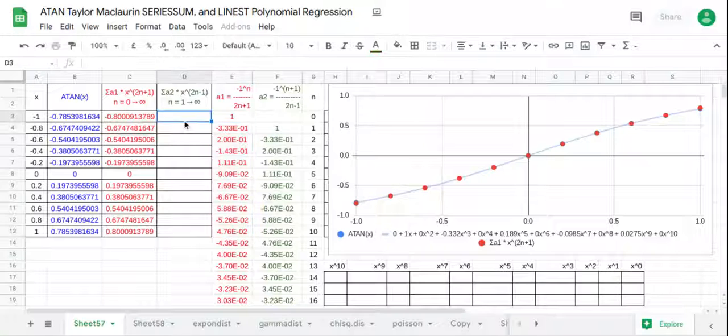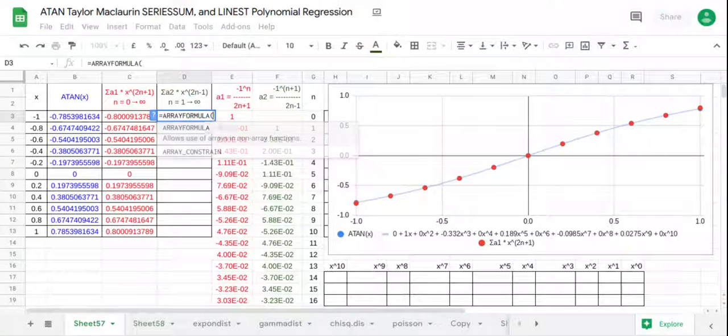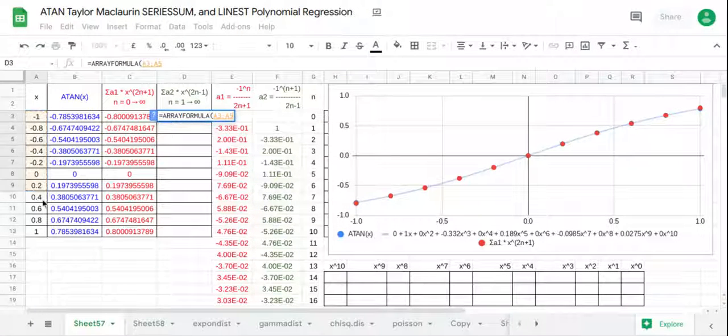Now we continue with the Taylor-Maclaurin series sum. So array formula of the x values raised to the power 2n minus 1. 2n at n equals 1, that's 2 minus 1, 1. So starting point is 1. Then followed by 2 times 2, 4, minus 1, 3. So 1, 3, 5, 7, 9. The increment is 2.